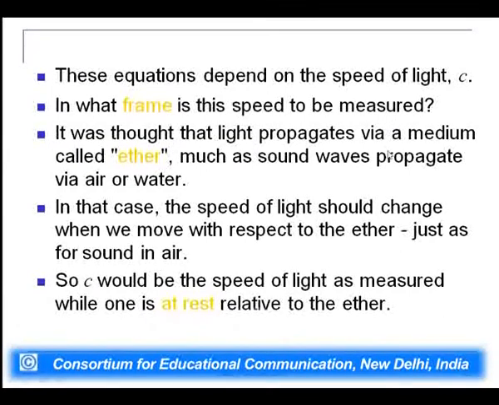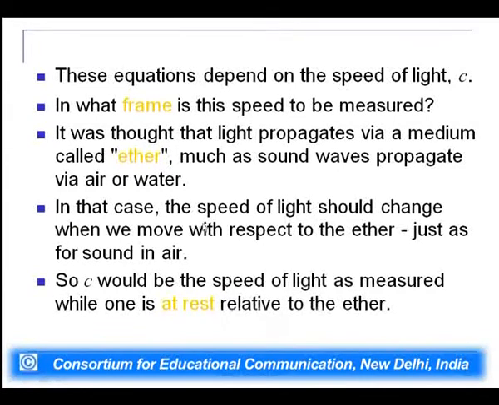It was thought that light propagates via a medium, known as the ether, much as sound waves propagate via air or water. If we pass light, we require a medium, and that medium is the ether, compared with the sound wave that propagates in air and water. So the light wave will pass only through the medium, that is, the ether.